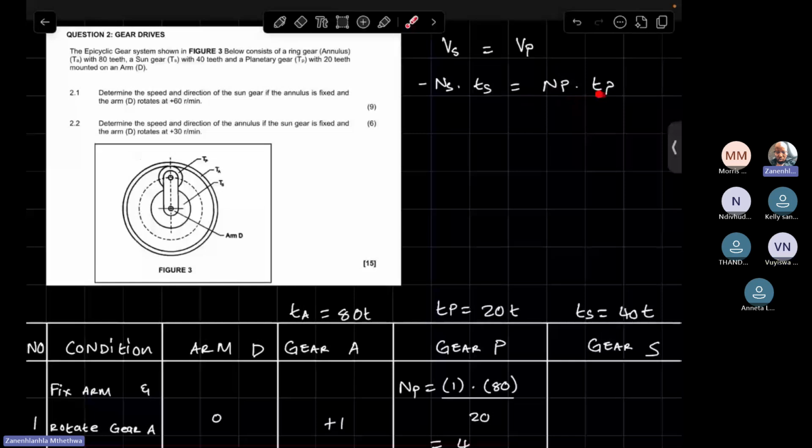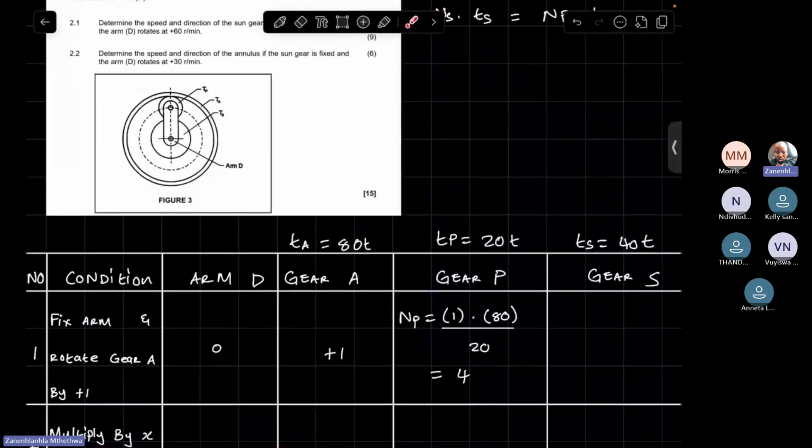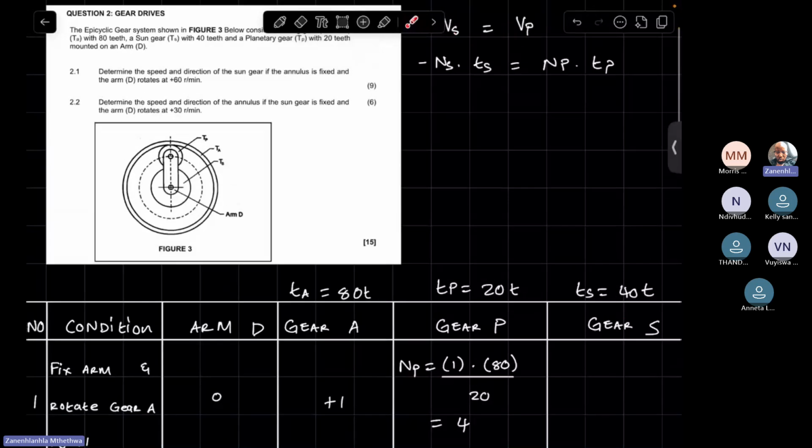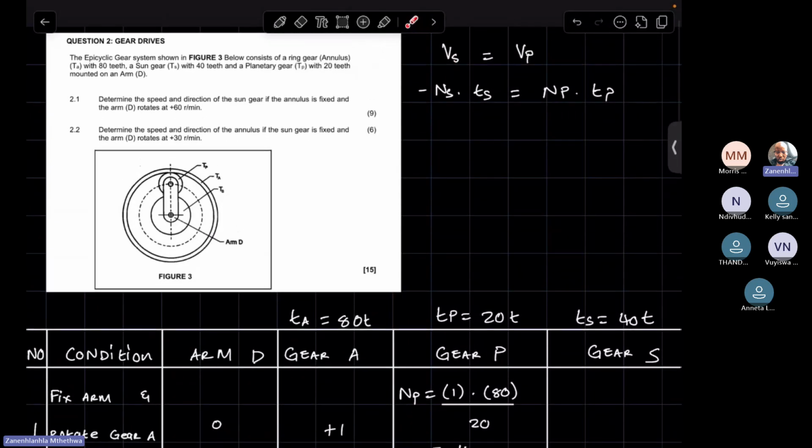Now, when establishing the rotational frequency of gear S as well as its direction of rotation, we are looking at the sun gear meshing with the planetary gear. If you look at this schematic illustration of the epicyclic gear system, you can see clearly that the planetary gear has teeth ground onto it on the outside.